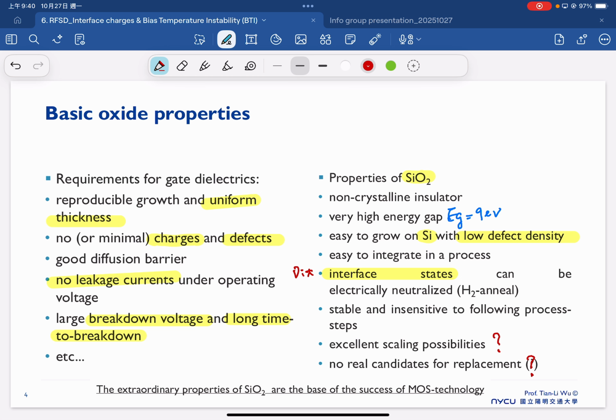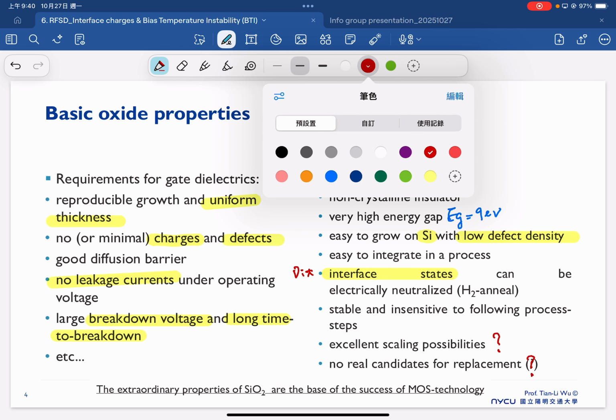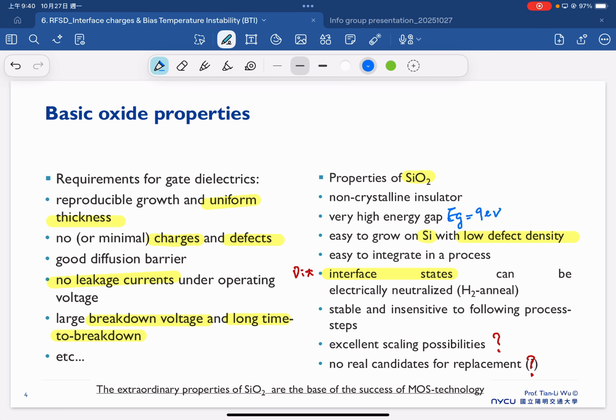Right now, maybe it is true, because if we consider an interfacial layer, we might have very thin SiO2, but in the whole gate stack, we actually will consider some other dielectrics here. So when we talk about the scaling possibility and no real candidate, we also have to mention that in today's technology, we do not only consider the case of pure SiO2.